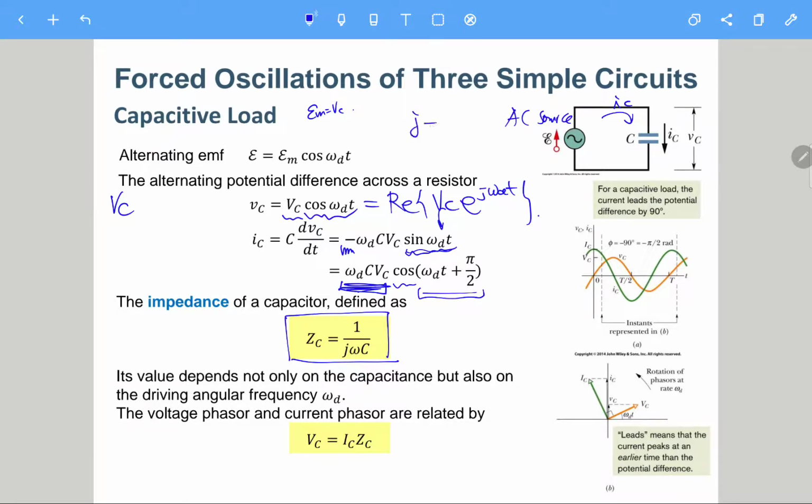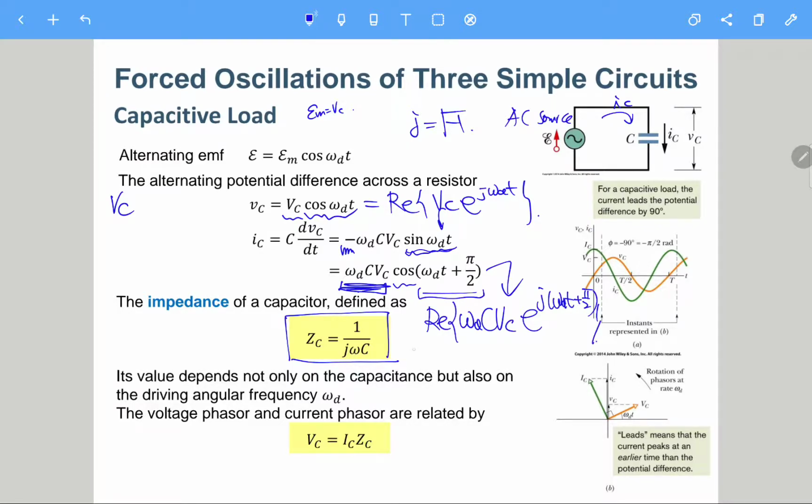Of course, here j is square root of -1, and here it will be equal to the real part of omega d cVc exponential to j omega d t plus pi over 2.